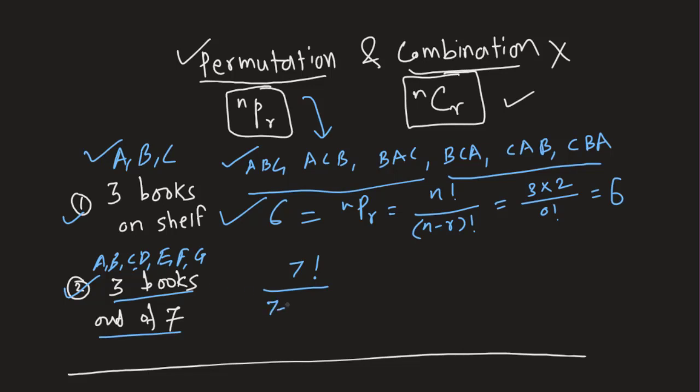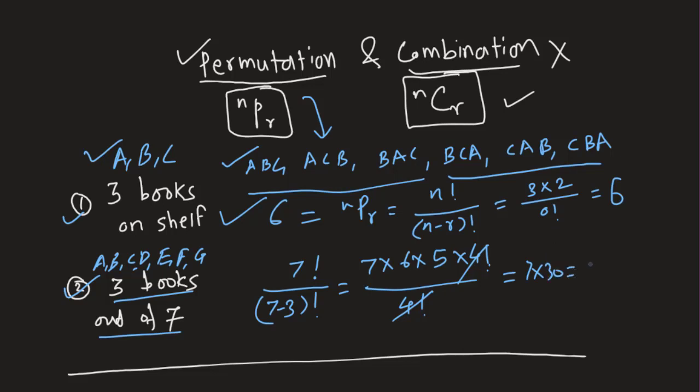So it will be 7 factorial divided by 7 minus 3 factorial, which is 7 into 6 into 5 into 4 factorial divided by 4 factorial. The 4 factorial cancels out, and what we get is 7 into 30, which is 210 ways.